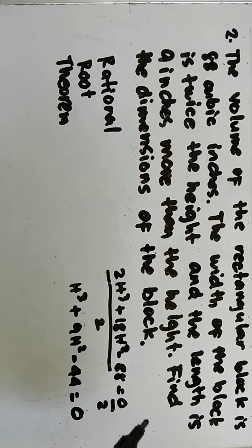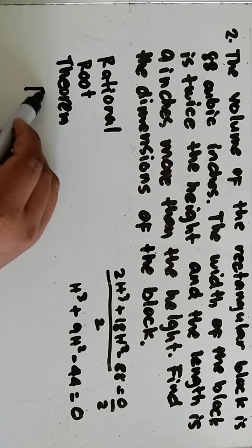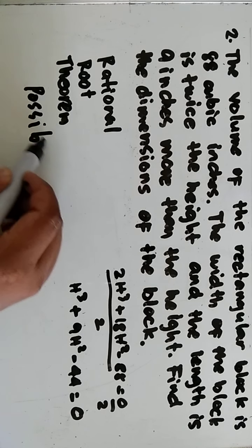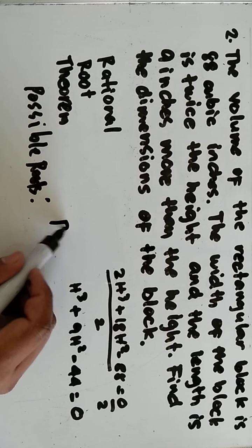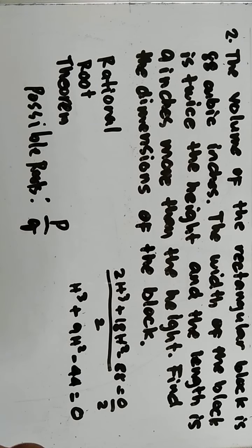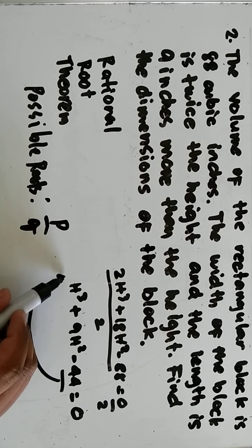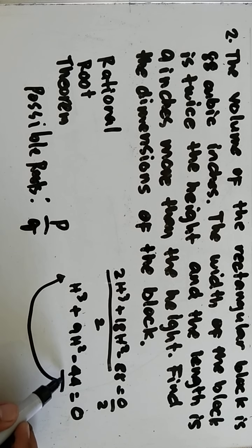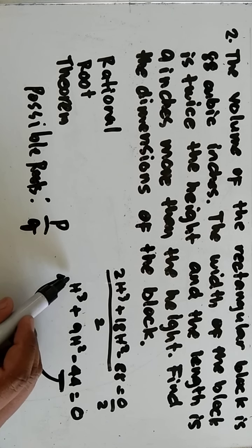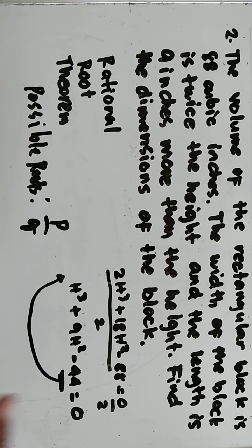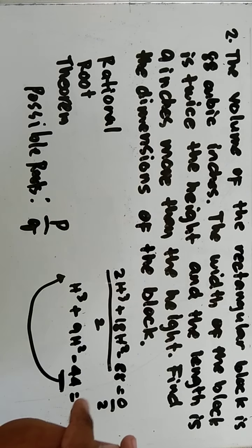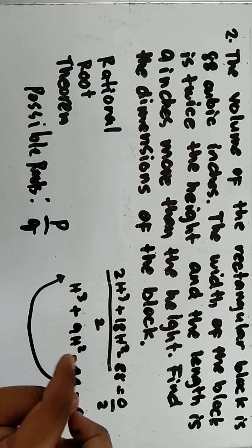Diba sabi sa rational root theorem, para makuha mo daw yung mga possible roots, okay, i-divide mo lang daw yung P over Q. At ano nga yung P? Yung P daw yung pinakadulong term. At yung Q naman, yun yung nasa pinakaunahan. Ito yung constant term daw, i-divide doon sa numerical coefficient ng pinakamataas na, yung nagki-carry ng pinakamataas na exponent.